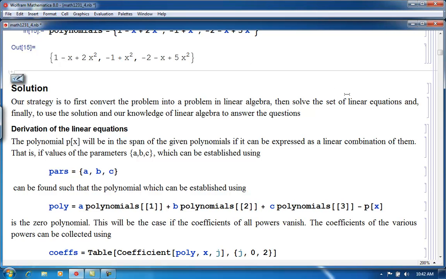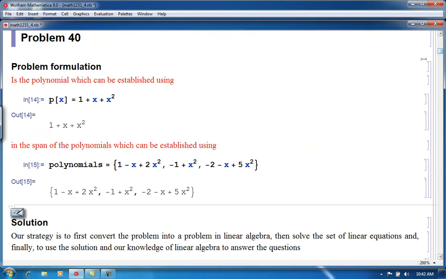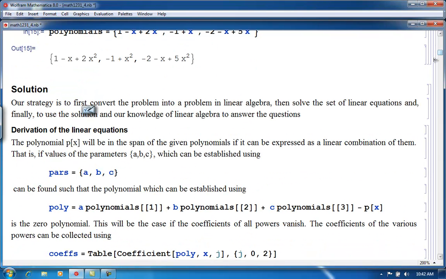Well, the vector P will be in the span of these three vectors here if we can find some linear combination of these polynomials such that it's equal to P of x.